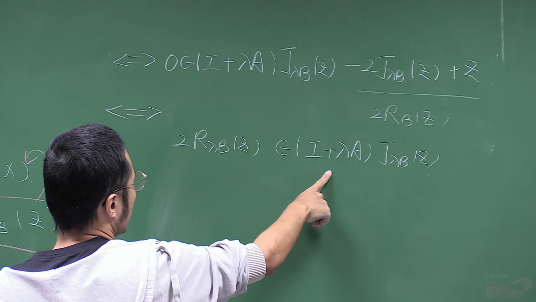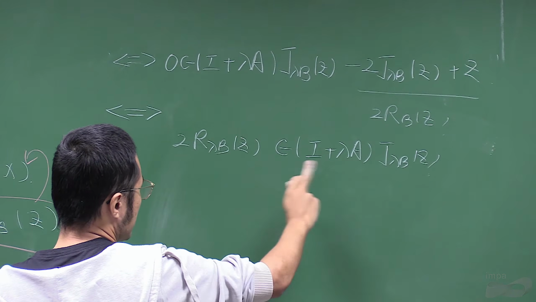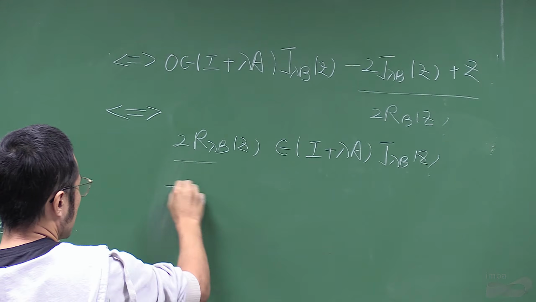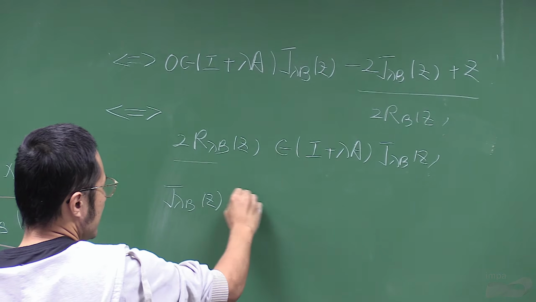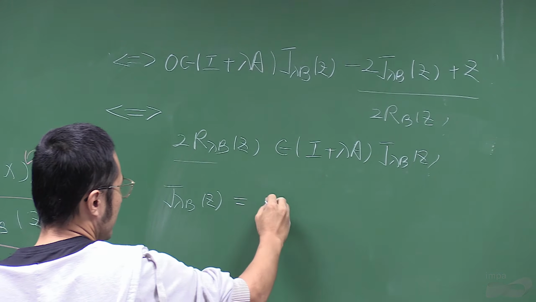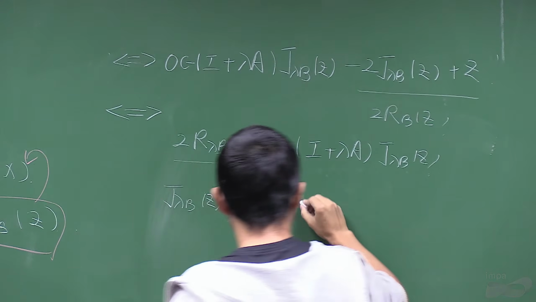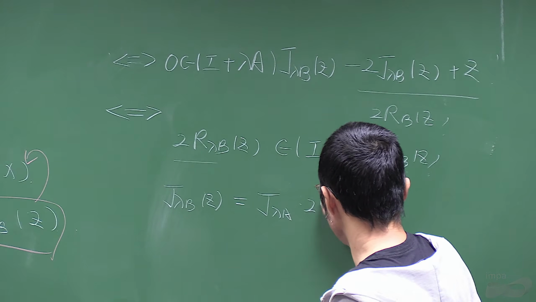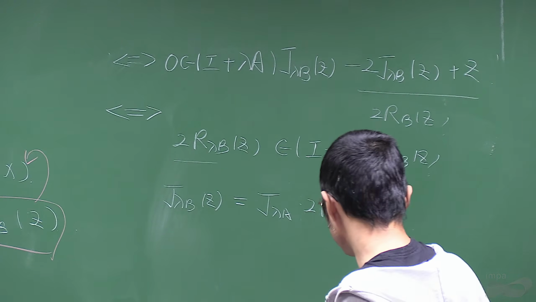And then we use the definition of the resolvent. So then we see that the resolvent of B at z equals the resolvent of A at 2 times the reflection of B at z.